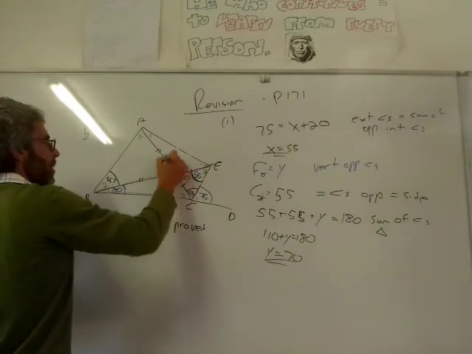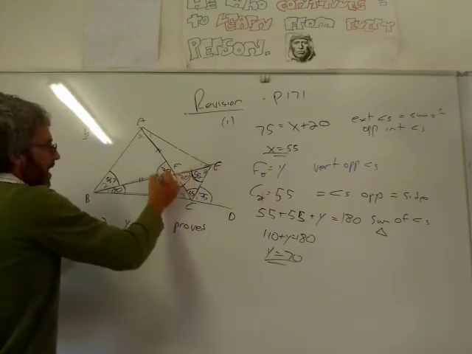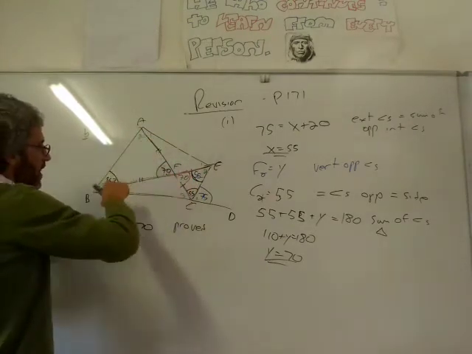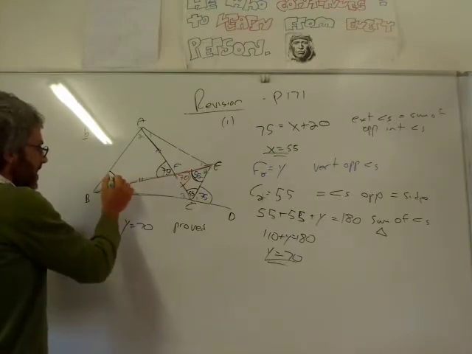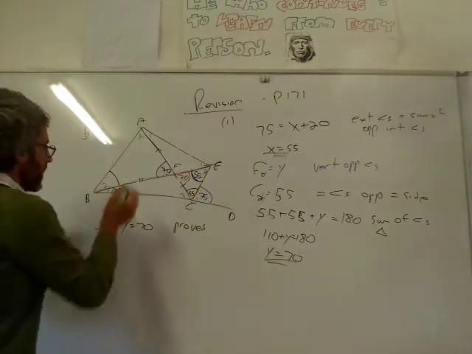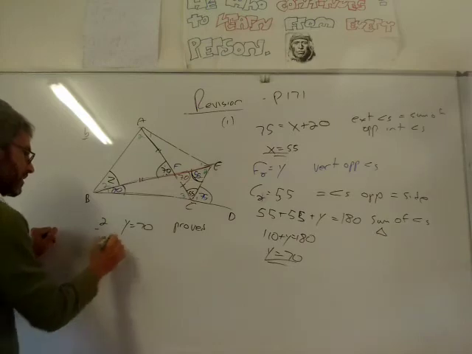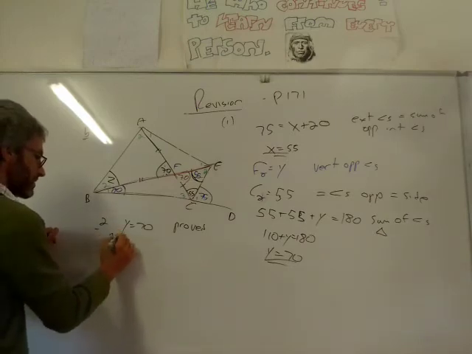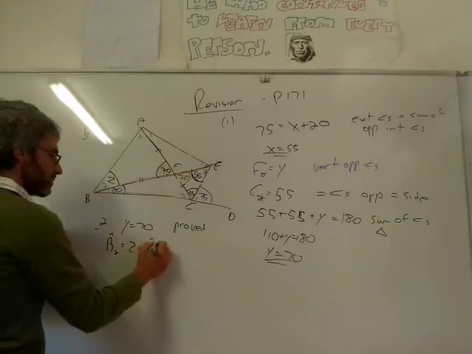What else do I know about this triangle AFB? I know it's an isosceles. Let's call B2 Z. That is equal to A2.